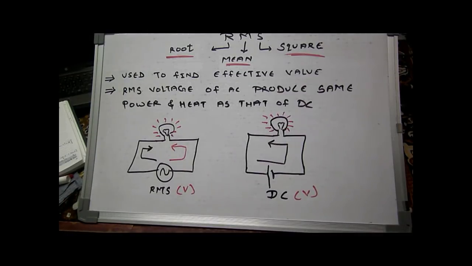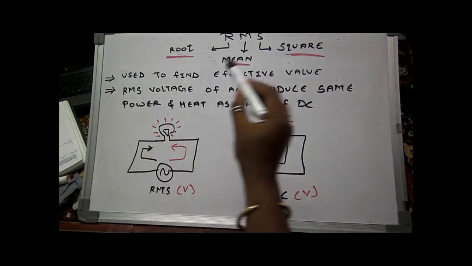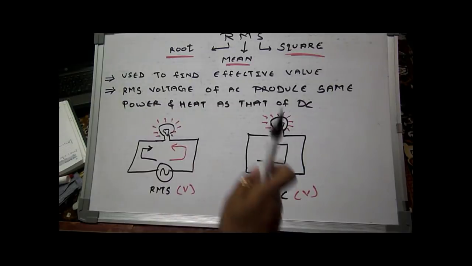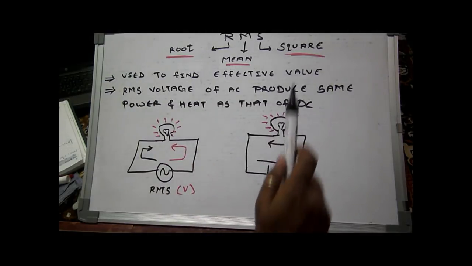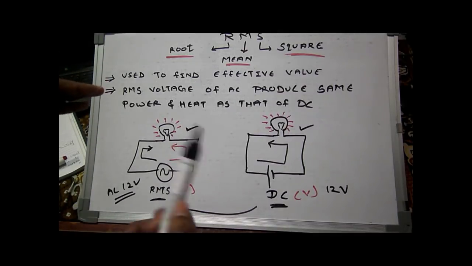So the RMS voltage of an AC produces the same power and heat as that of DC. Suppose we take these two circuits. There are two bulbs, that are two loads. One circuit is excited with RMS voltage, that is AC voltage in RMS form. I will tell you what is different between the AC peak value and RMS value.